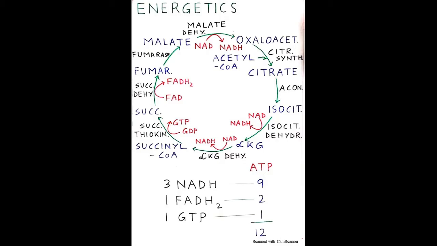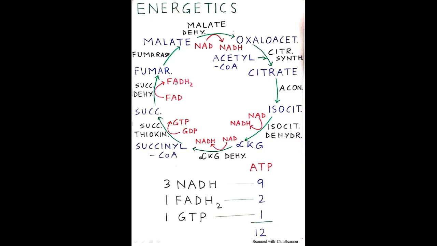Energetics of Krebs cycle. As you can see, 3 NADH from the reactions catalyzed by ICD, alpha KGDH and MDH, 3 NADH formed, which in the respiratory chain are converted to 3 ATP each, that is 3 into 3, total 9 ATP.